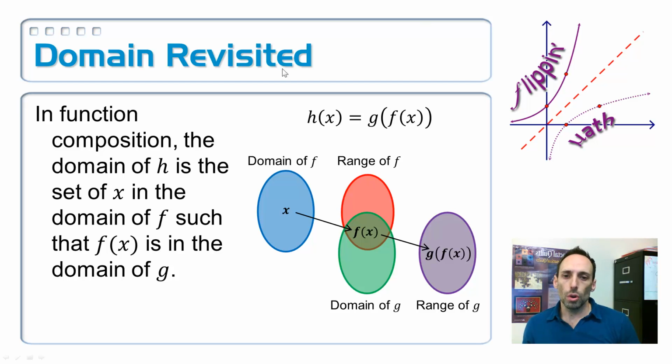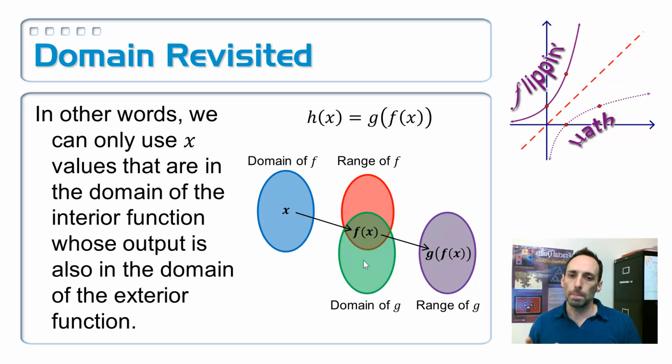I may not get to use every single thing in the blue part, only the part whose output is also in the green part. That's a lot to take in. In other words, we can only use x values in the domain of the interior function, f of x, if its output is also in the domain of the exterior function. That's the best way to think of it.